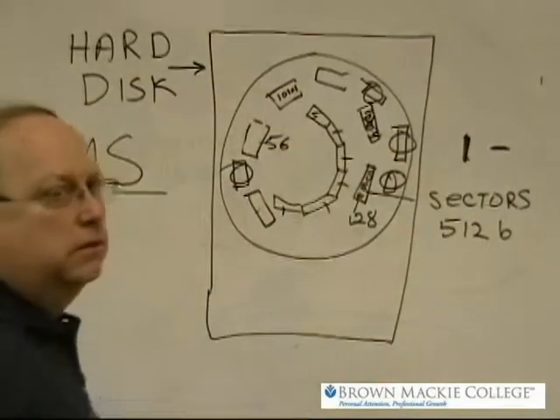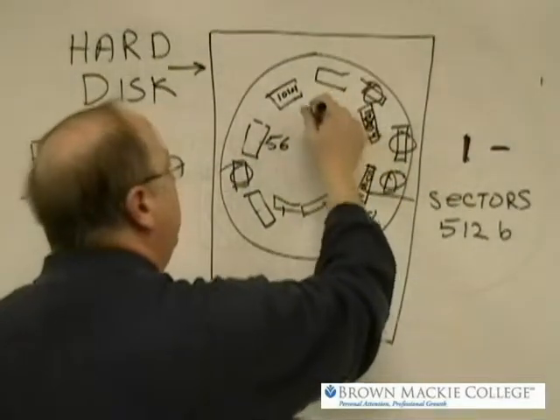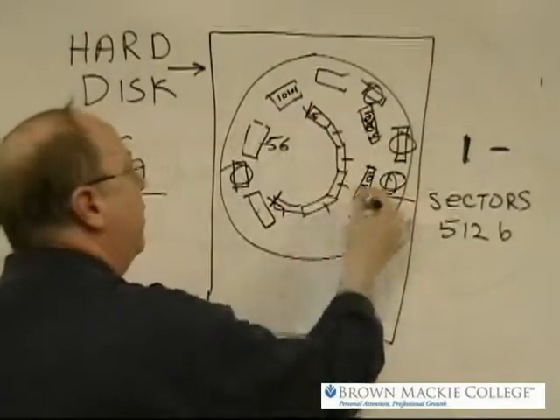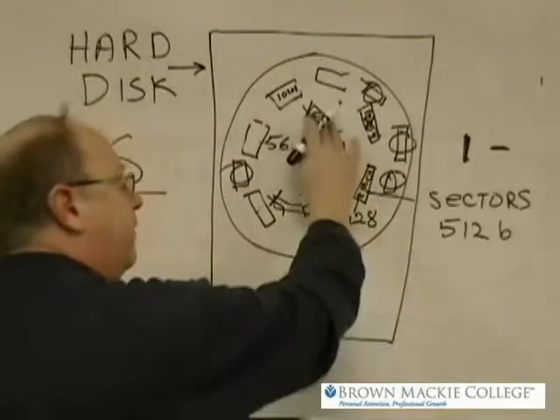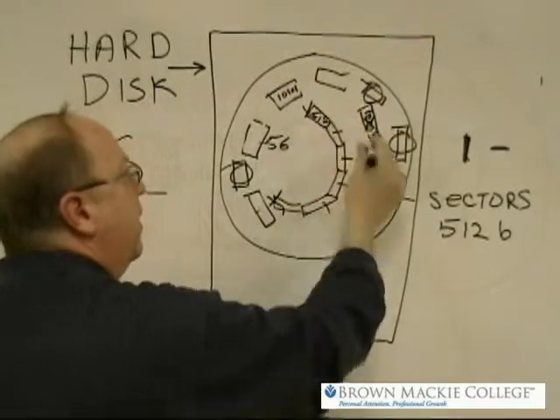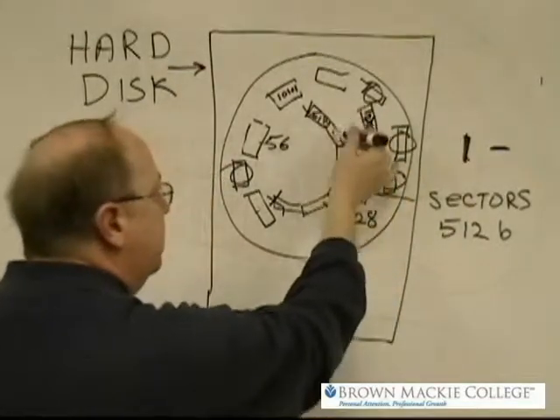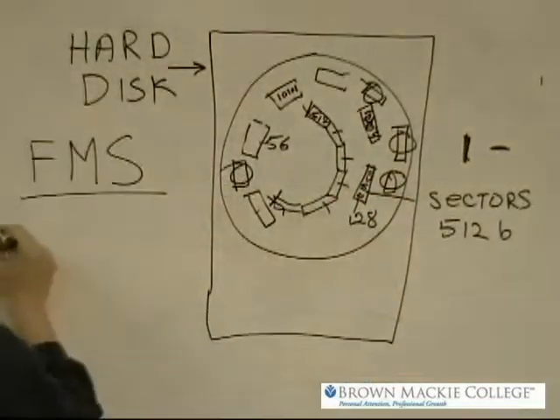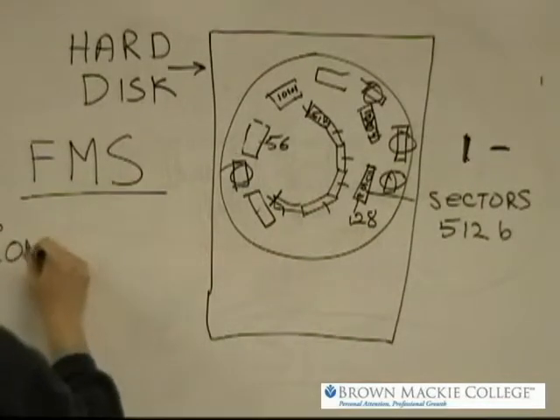They're all in order. Now I can say, hey, start reading here, stop reading there, all in order. They're all full. They got 512 in each one. Okay? And these sectors are in what is called contiguous order.